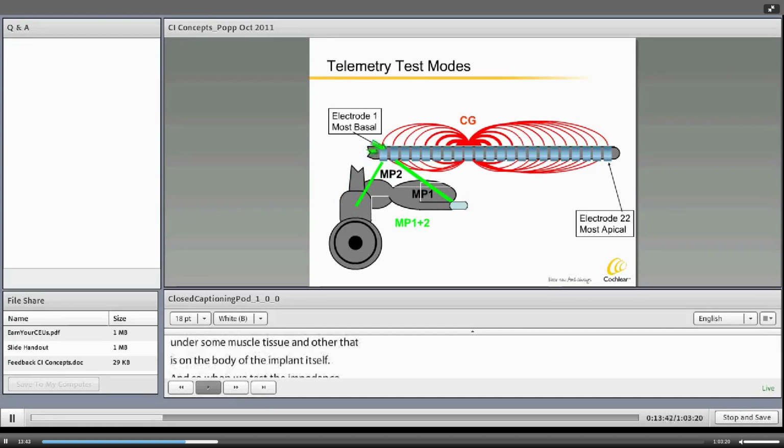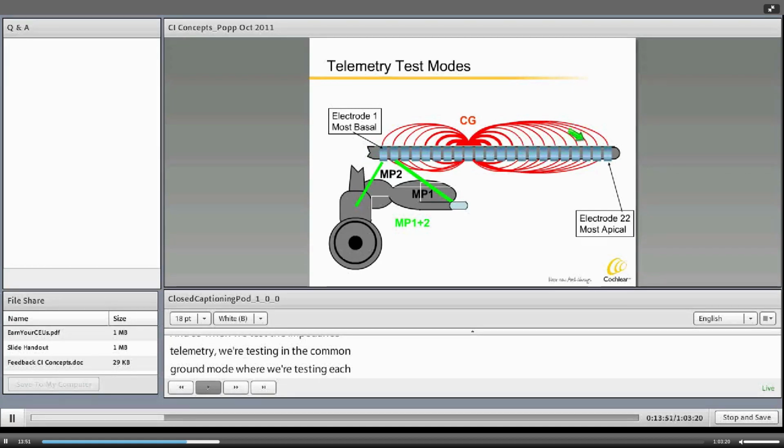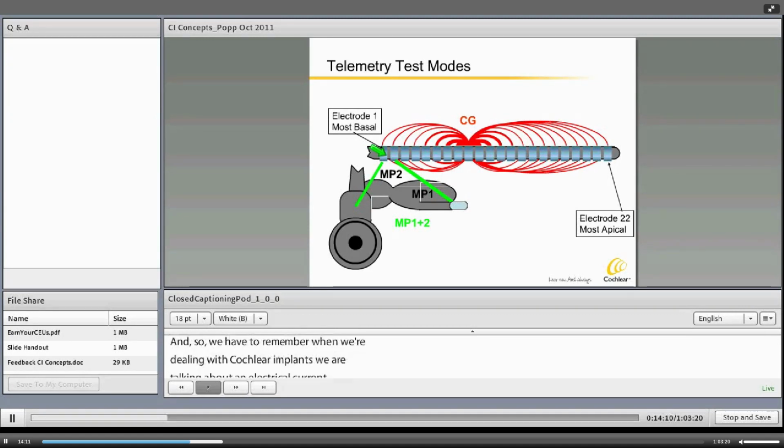And so when we test the impedance telemetry, we're testing in the common ground mode, where we're testing each individual electrode within the cochlea as it is grounded to all of the other electrodes that are part of that array. And so we have to remember when we're dealing with cochlear implants, we are talking about an electrical current.